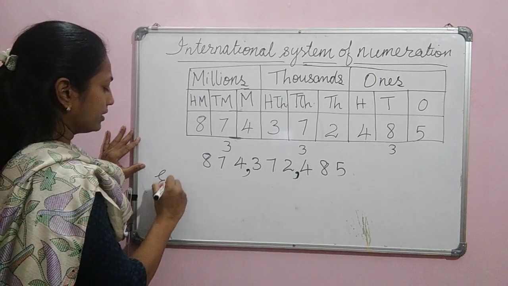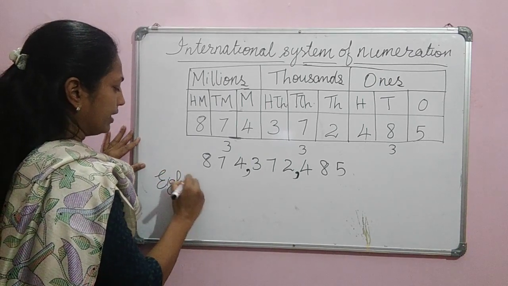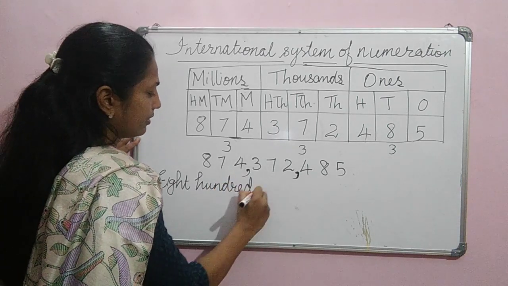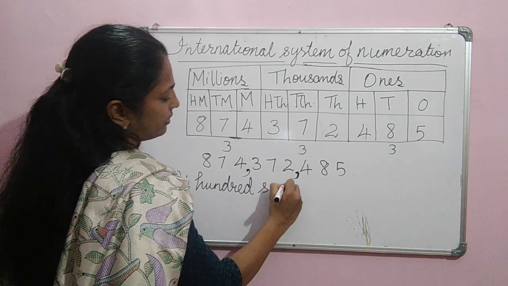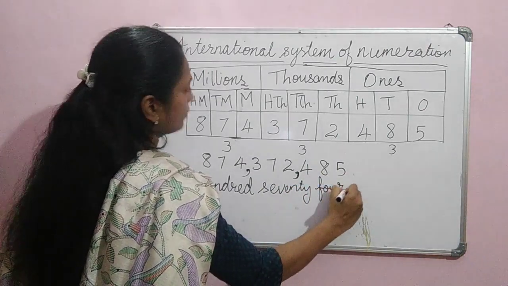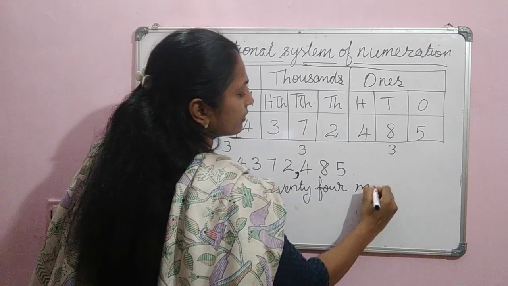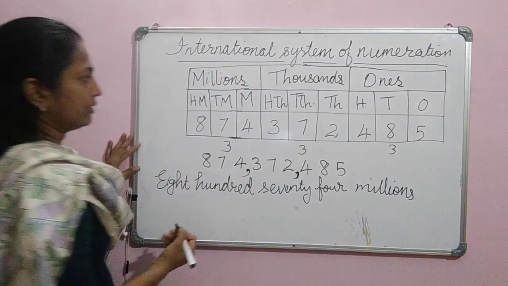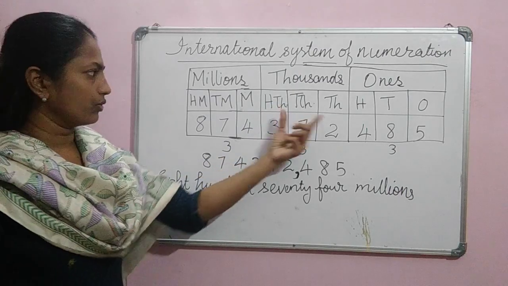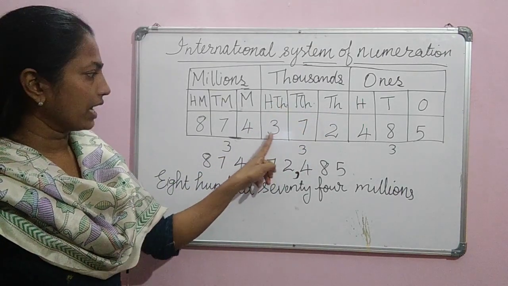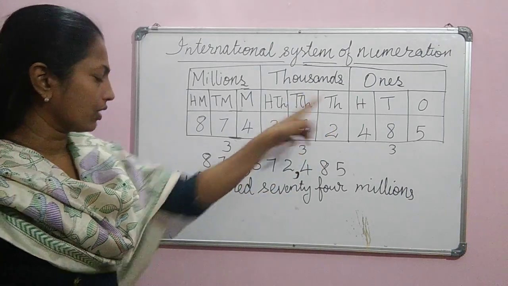So we can write 874 millions. Then the next, thousands group. We have 372 thousands.